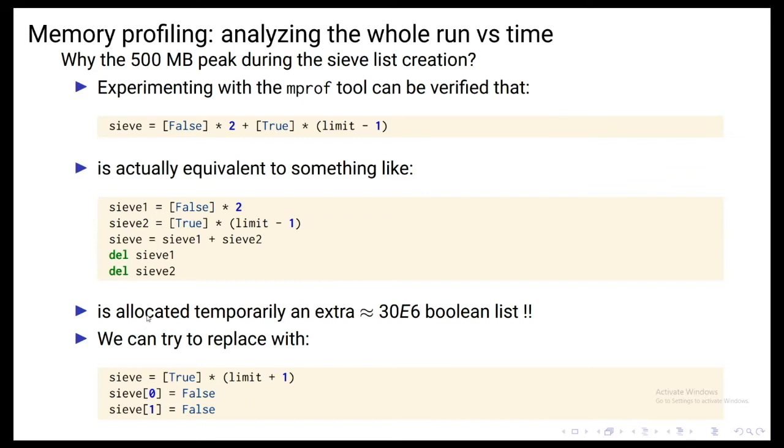And so we can also experiment with mprof, and change the line that we had originally to something like this. We initialize just a single big list of Booleans, CF, equal to the full size, so the 30 million plus 1.